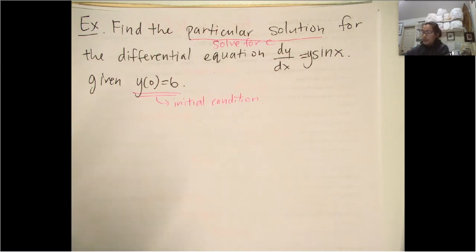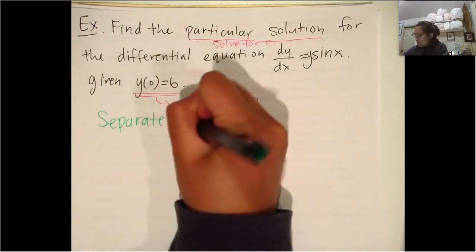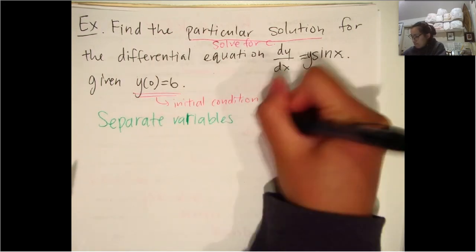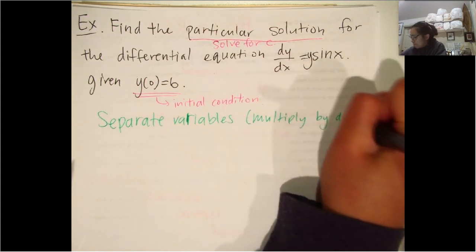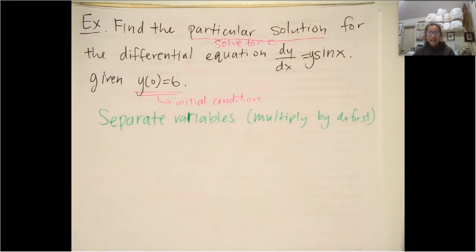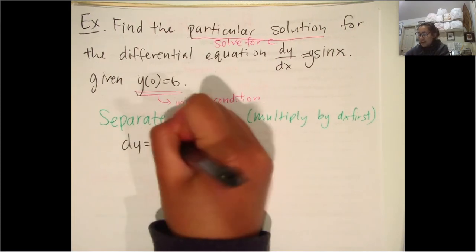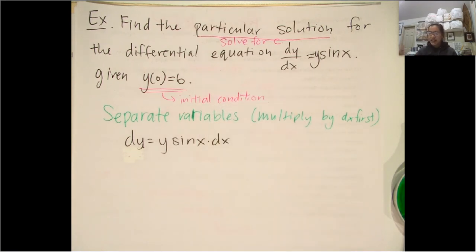We start by separating the variables, and we're going to multiply by dx first. So if you multiply by dx, what you get is dy equals y times sine of x times dx.